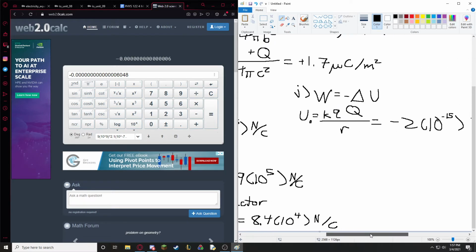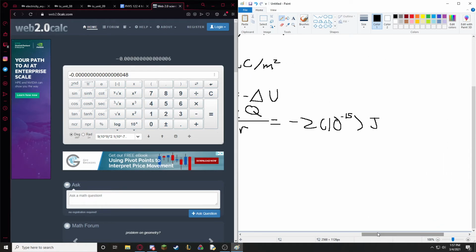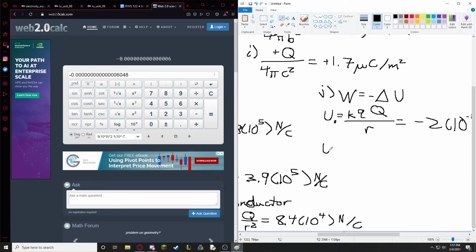Yep, exactly. So we'll call it right here U1. So we have U naught, and then we have U1. It's once again just K times Q times big Q over our radius R, which is 10 centimeters. So we go ahead and plug that in, divided by 0.1.